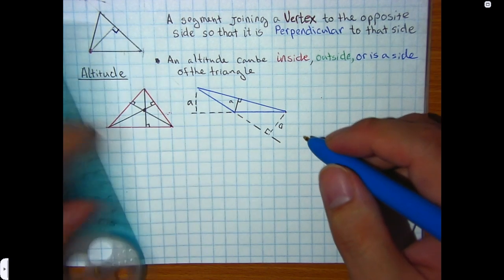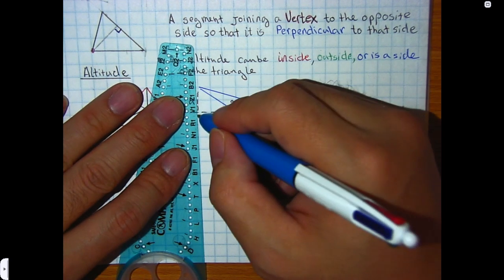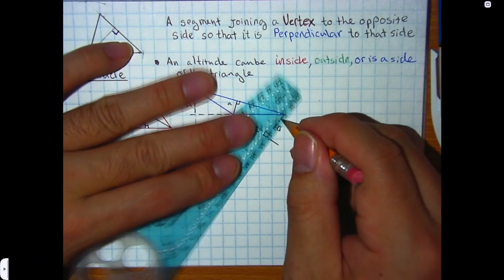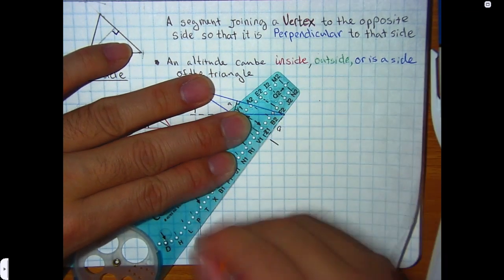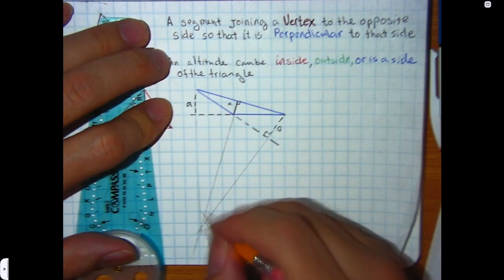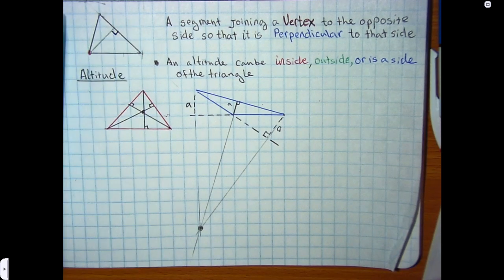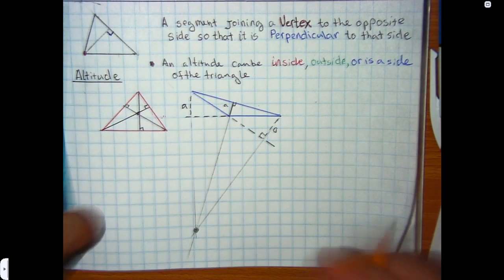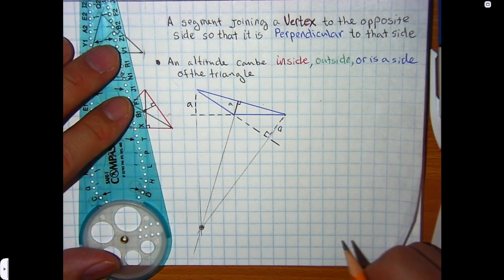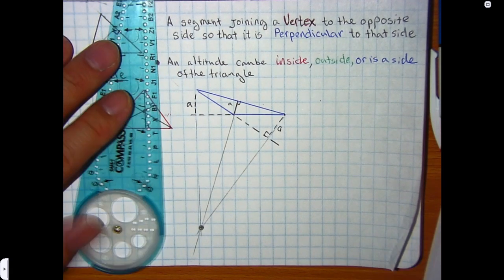Of course, they do intersect if we extend them further and further. So the intersection is unlike the other one, it's going to be way off the triangle.